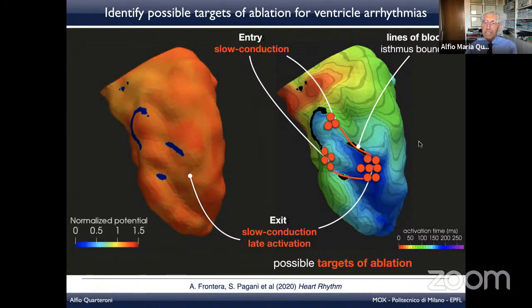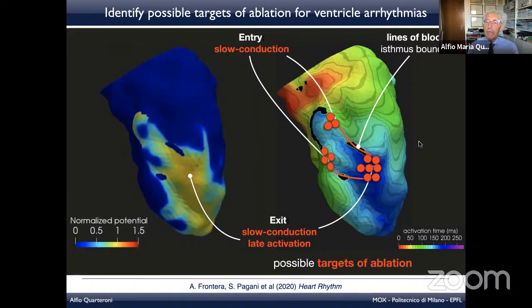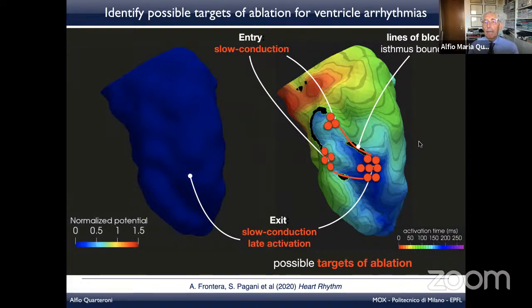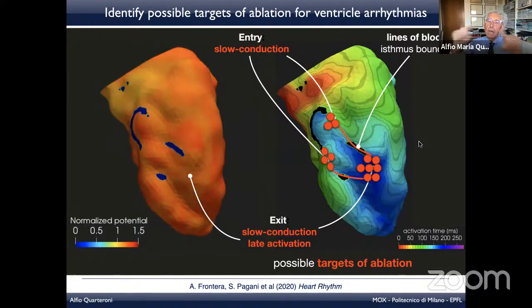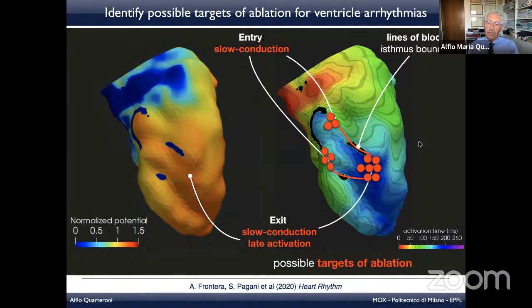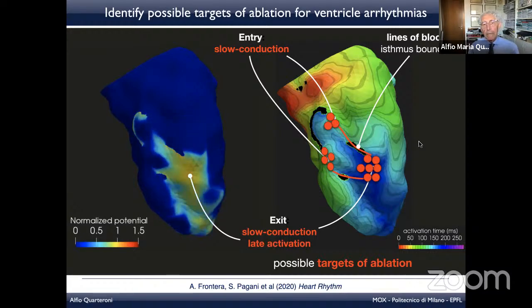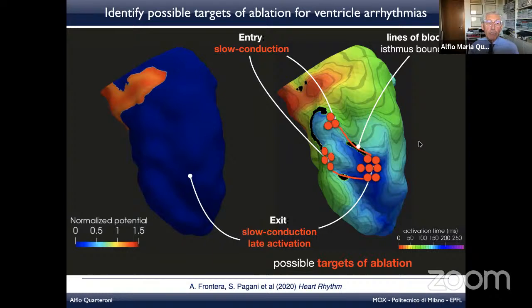Ablate means basically to apply high energy, high temperature, burning the tissue in those specific points, which are assumed to be responsible for the recirculation of the electrical field. So you already see here a possible use of the models that you have seen before.